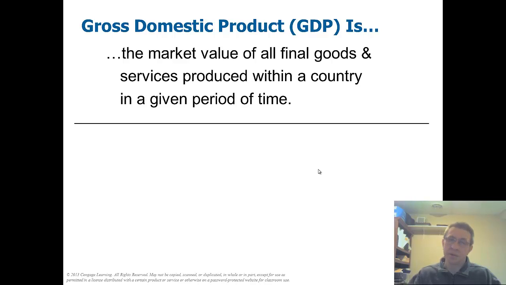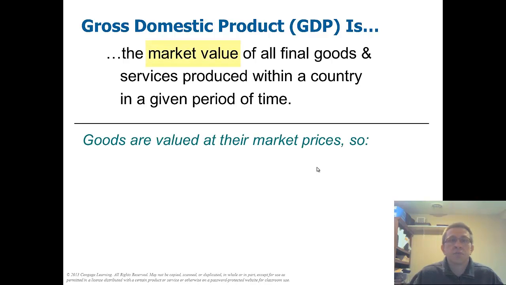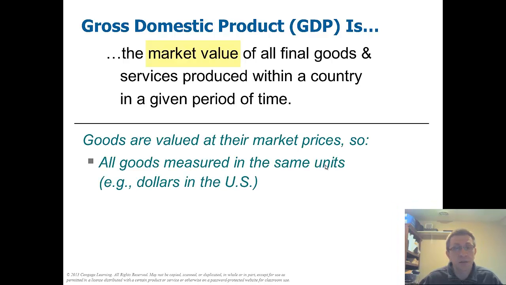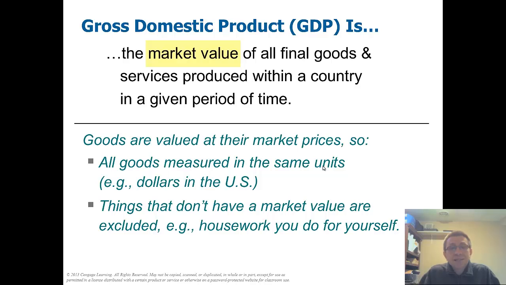Every word in here really is there for a reason, and it's pretty key to know this definition exactly and why it's there. So why is the word market in there instead of just the value of all final goods and services? Well, goods are valued at market prices. Whatever the products are sold for on the market, that's what they're valued at. Same units, dollars in the US, but anything that's not on a market is excluded from GDP.